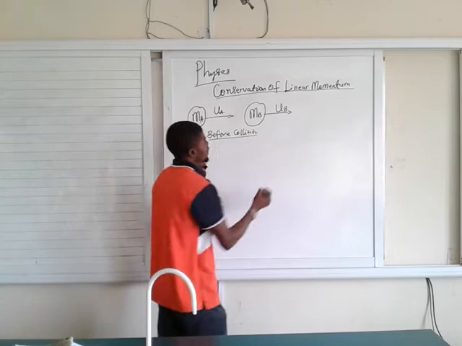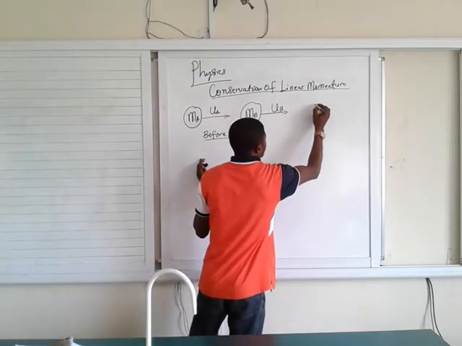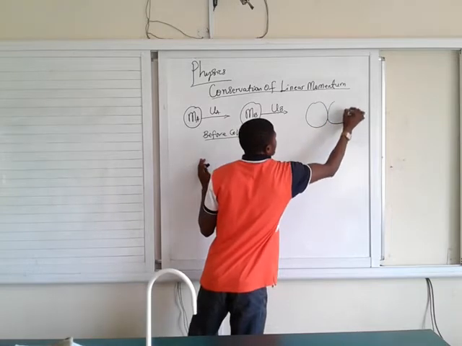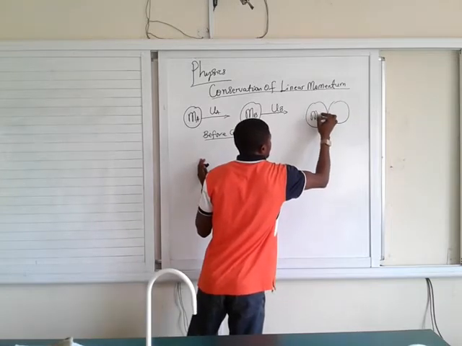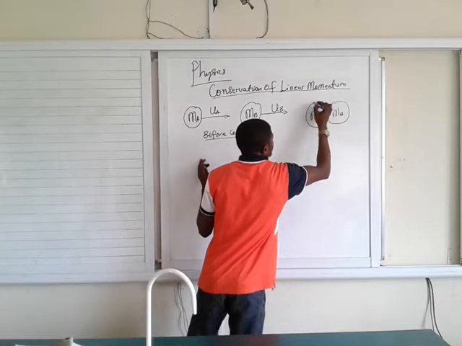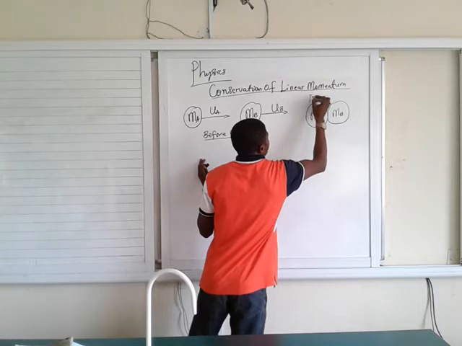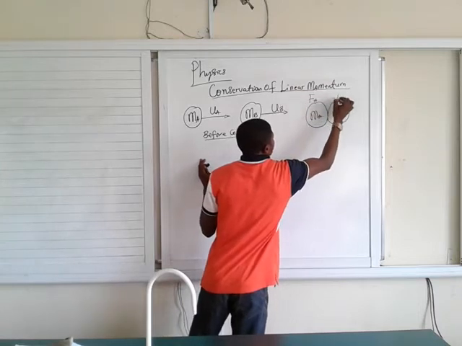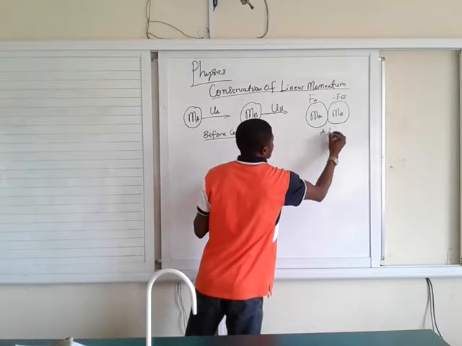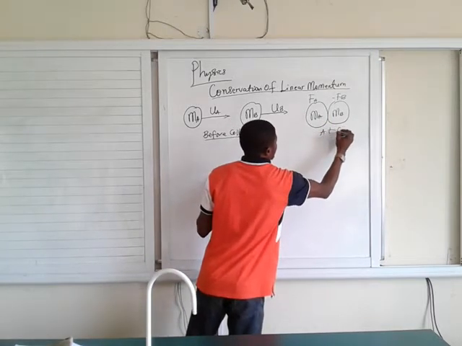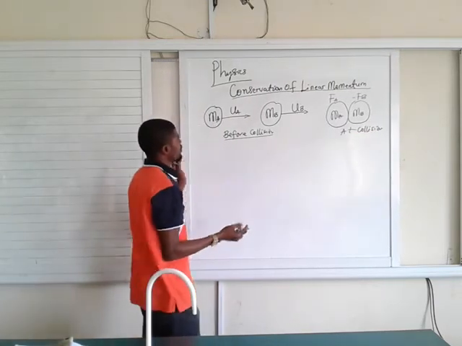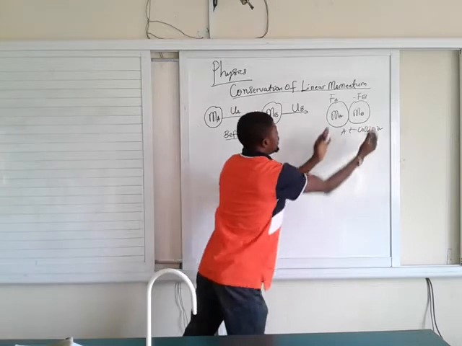Before collision, then at collision, body A and body B, that is MA, MB, they collide. Let's call this at collision. As they move, they collide here.